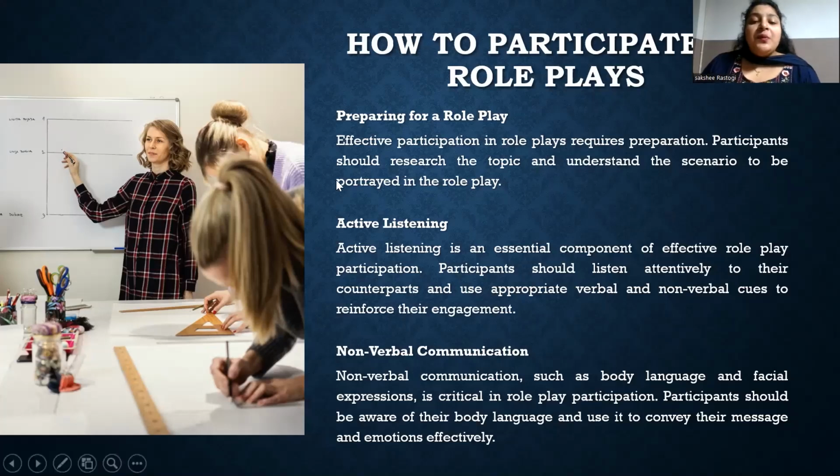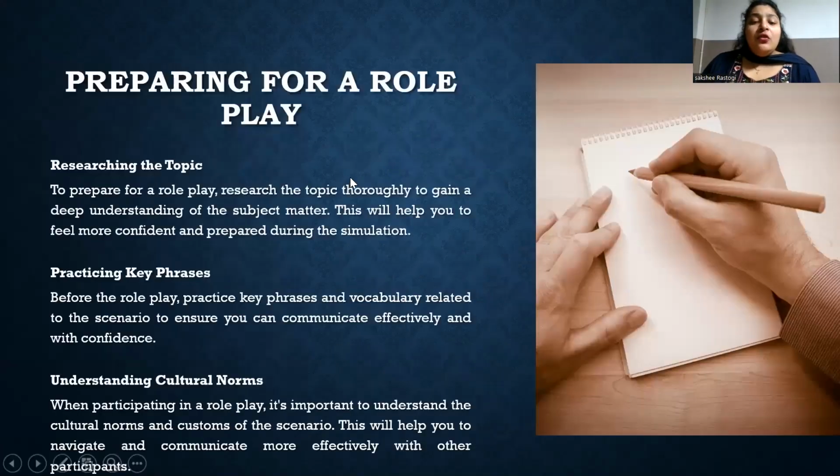So how do you prepare for a role play? Preparing for a role play involves several steps. You have to know how to read and understand the scenario. Carefully read the role play scenario, objectives and expectations. First, research and prepare your role.